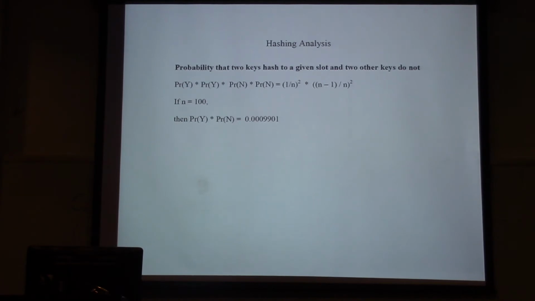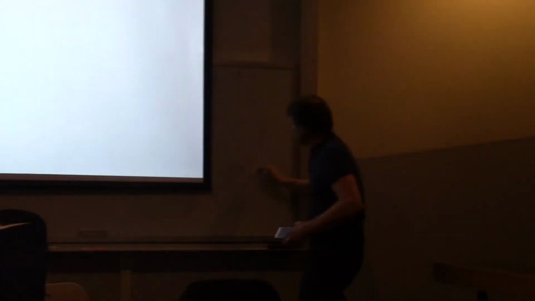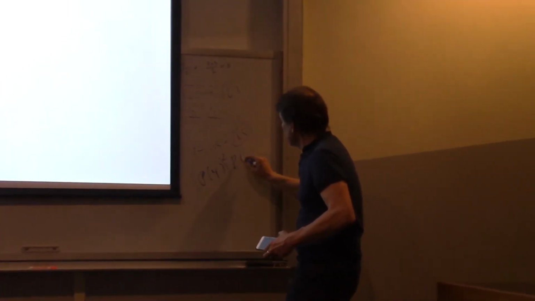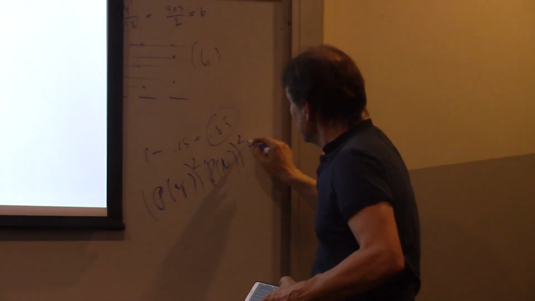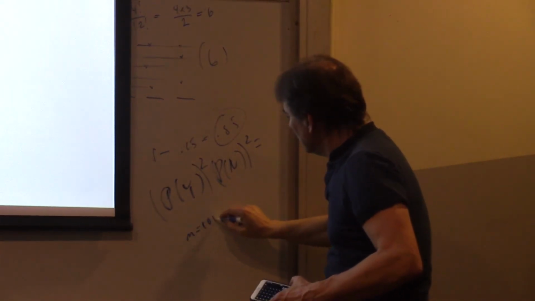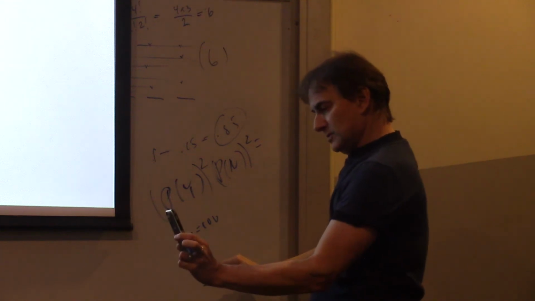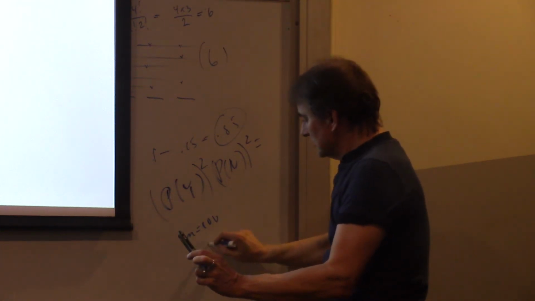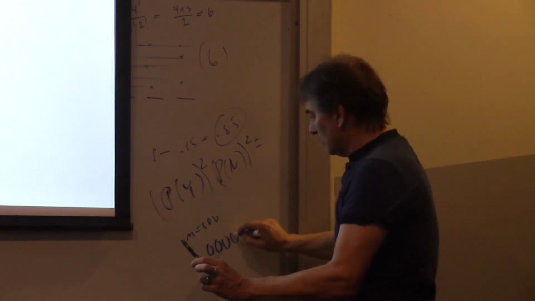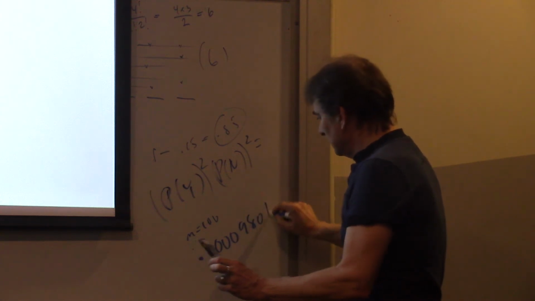Is that what you got? I don't want to make any more mistakes. So the probability of yes squared times the probability of no squared when n is equal to 100 is equal to 0.00009801.